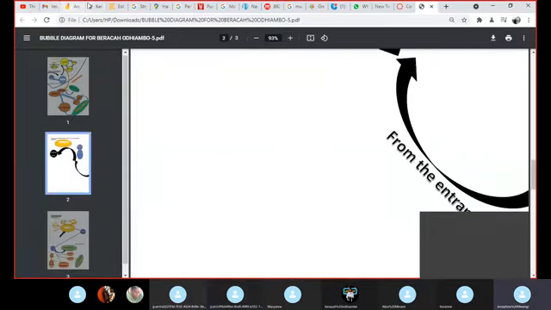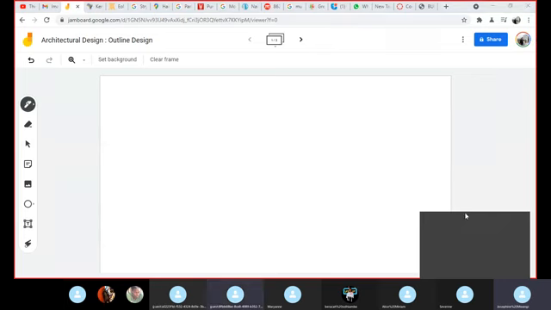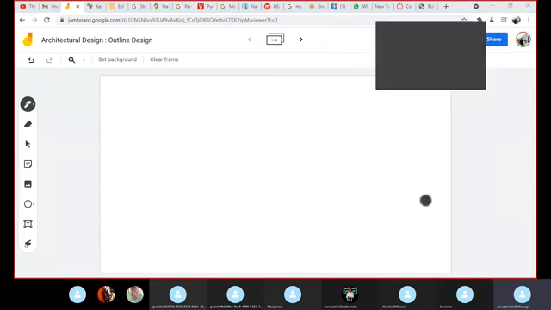Okay, so let's go to the Jamboard. So when we talk of functional relationship diagrams, when we talk of concepts here, you have an idea.